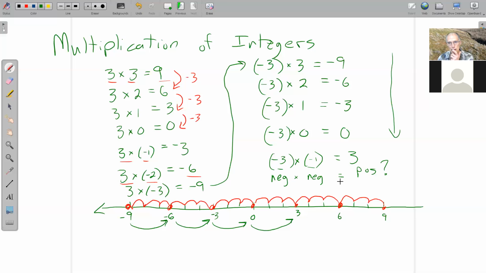By just playing with the patterns. All right, so let's see how we would do this with the chips or charged particles. So this is kind of like a pattern model for why multiplication works out the way it does with integers.